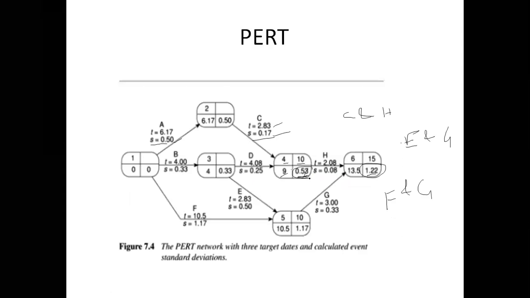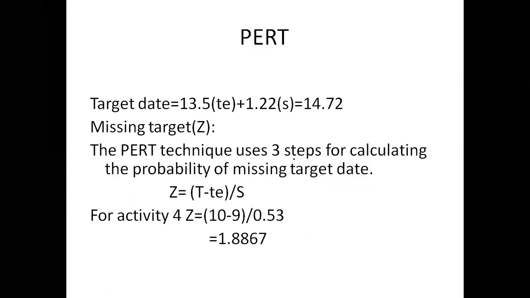We already calculated the standard deviation. Now we calculate the target date. We must complete the project within the target date. So the target date is obtained by adding the expected date and the standard deviation.